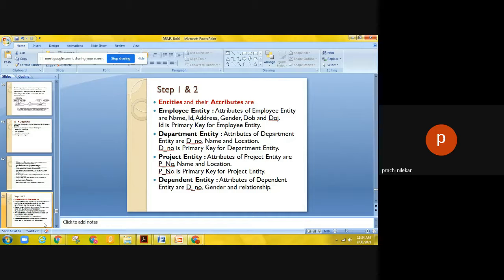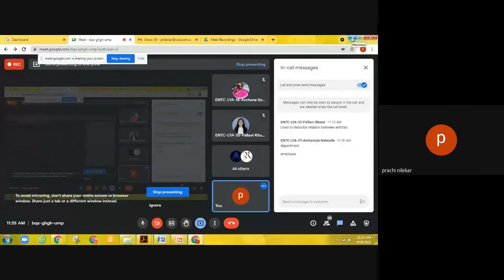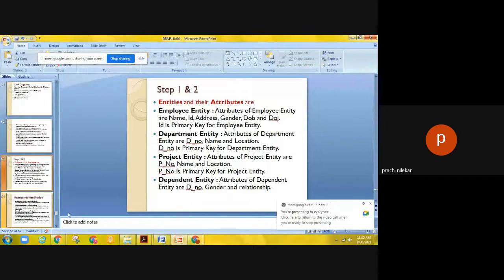So draw the ER diagram for these four entities first of all. Completed.